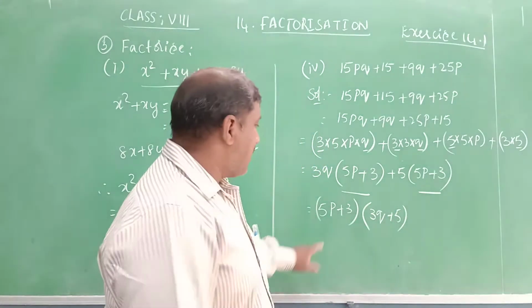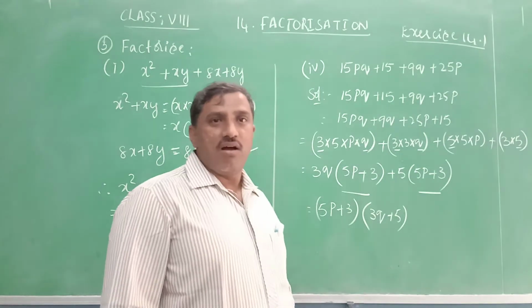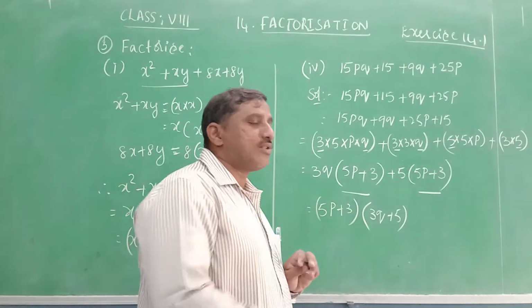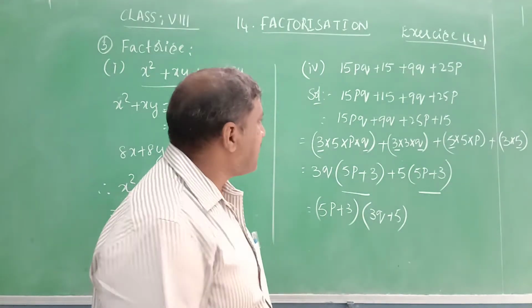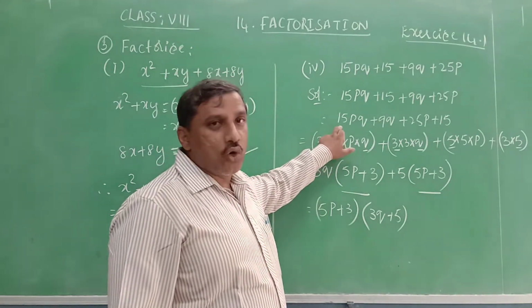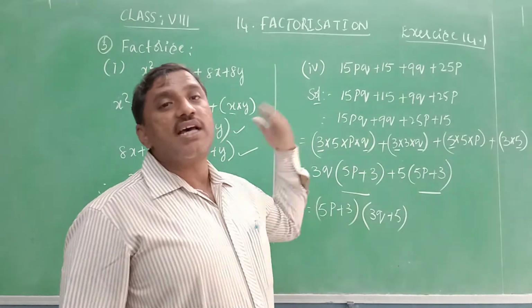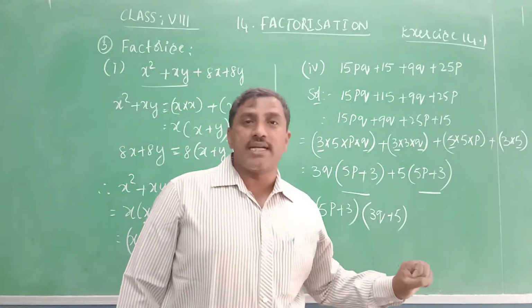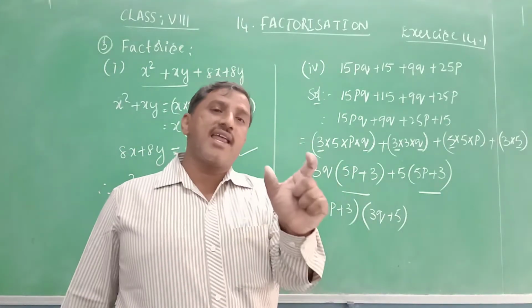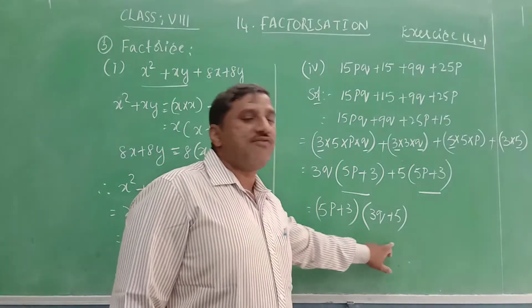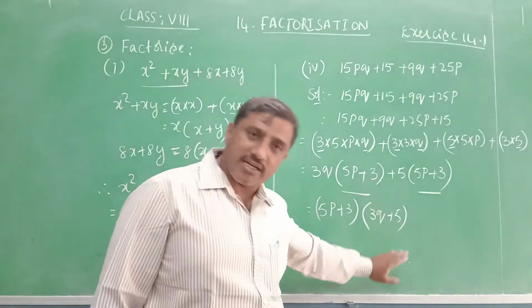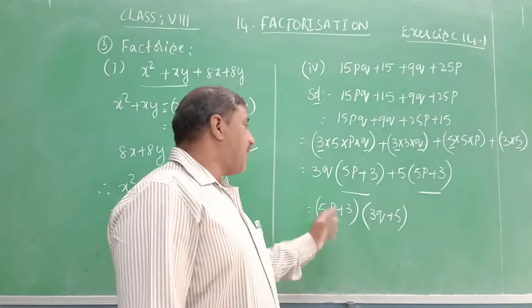3q plus 5. Like this we will factorize the algebraic expressions by regrouping the terms. See that here I have regrouped the terms in one way. You can get more than one way of regrouping the terms, but finally you will get only one form of the factors. These two factors only will be the common factors. The order may change.